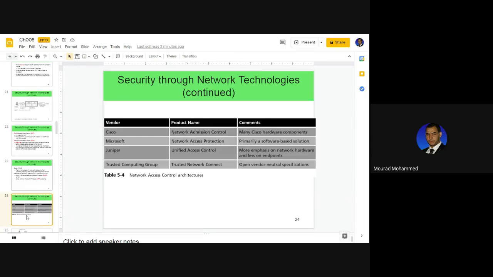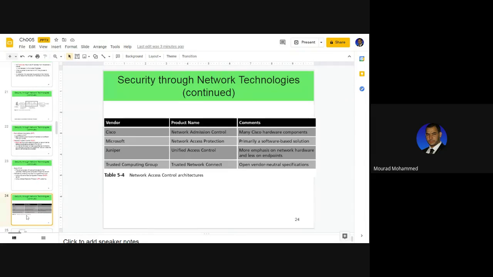I give you two very famous examples here of devices that we can refer to in order to implement network access control: Microsoft devices, whatever, any server or dedicated device, or Cisco devices. Which one do you prefer? Here it is a matter of preferences.